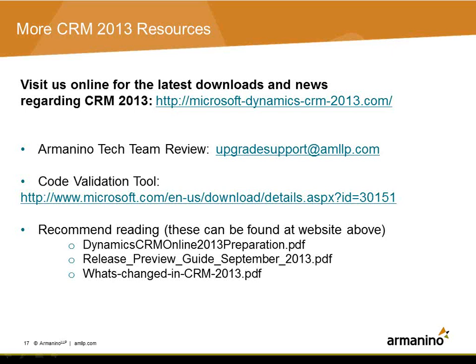And there's also access to our tech team. If you would like us to help review your JavaScript, you can email us at upgradesupport@amllp.com. We've been helping some folks do this for a month or so.